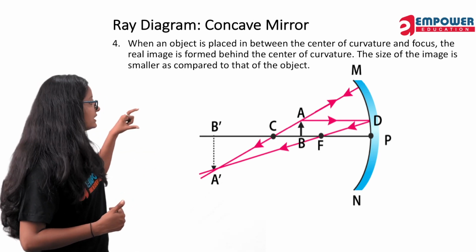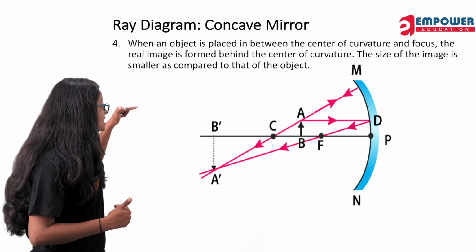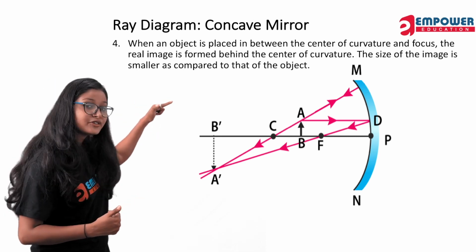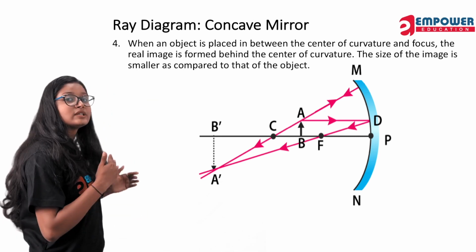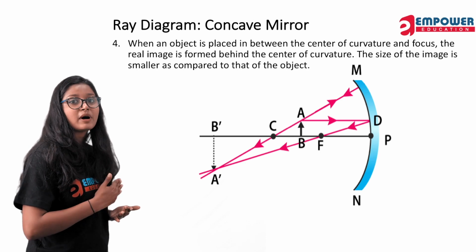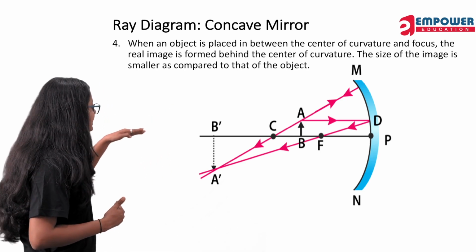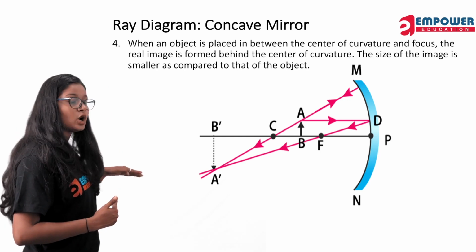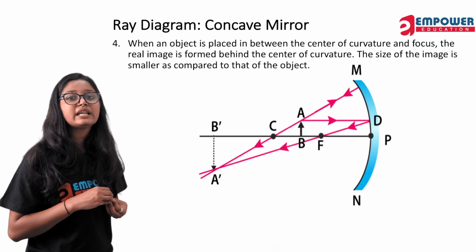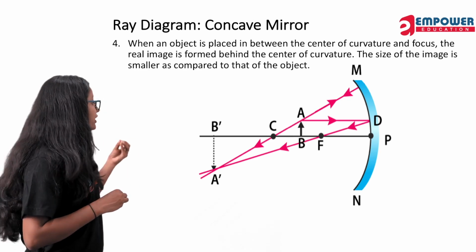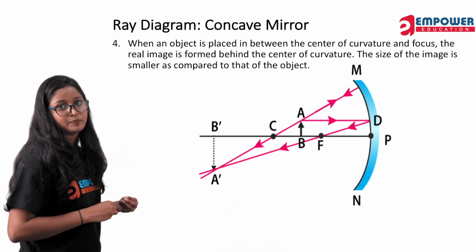Rays from point A strike the reflecting surface, get reflected back through the same path and pass through the center of curvature. If you extend these two reflected rays, they meet at a point, and the point of intersection gives the formation of the image.